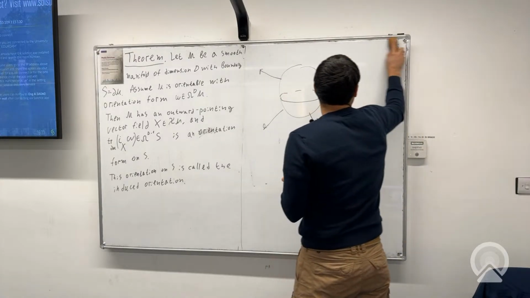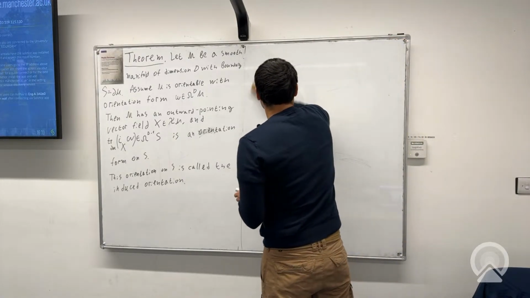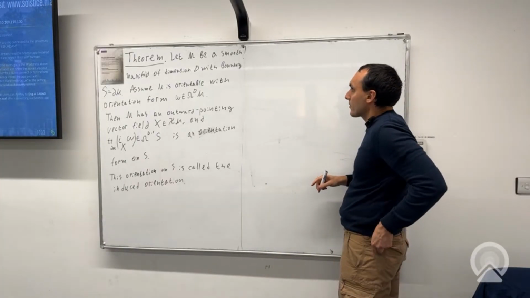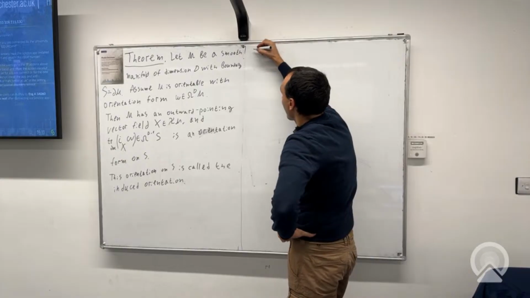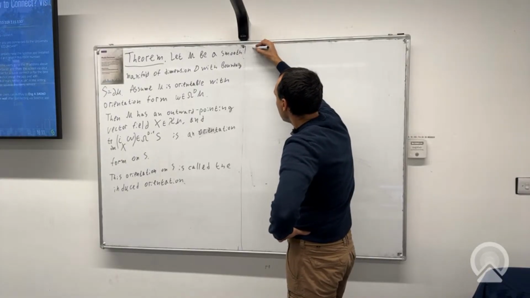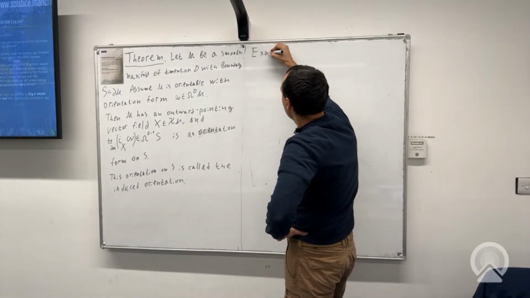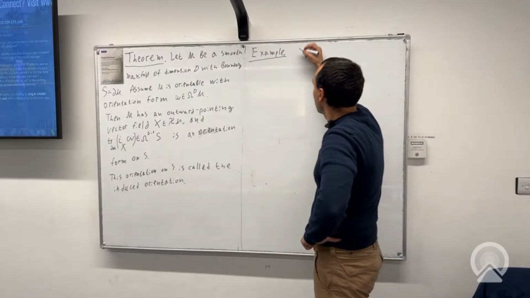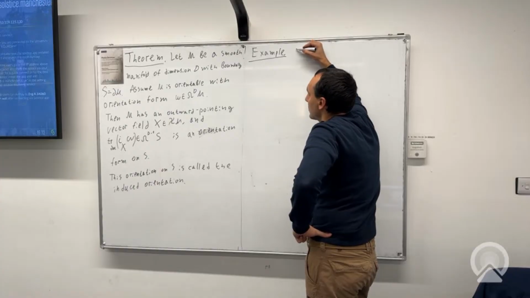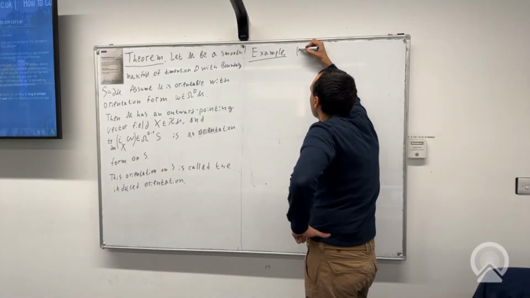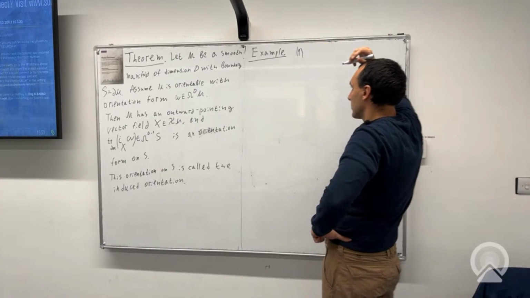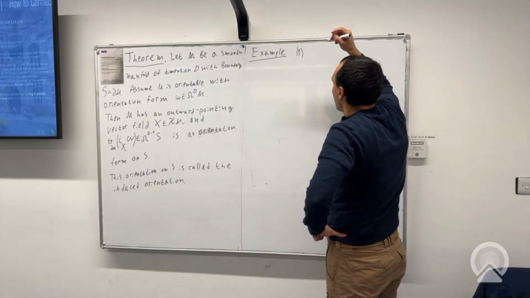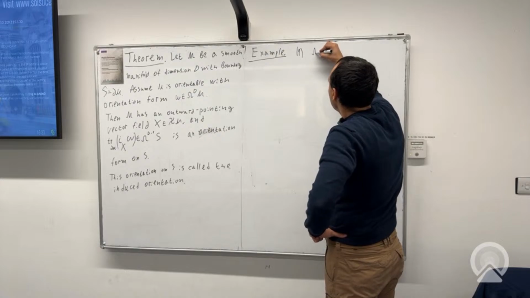Okay. Let's give examples. So first, let M be R2.